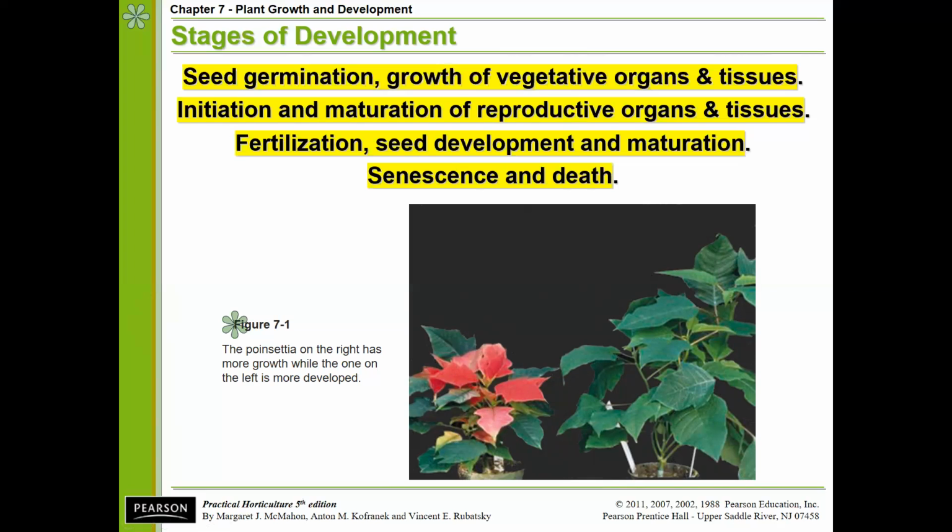Kind of interesting. I like poinsettias because we think about the flowers, but really the colorful part is actually the flower and leaf bracts, not the actual flower itself. The flower itself is not really showy at all.